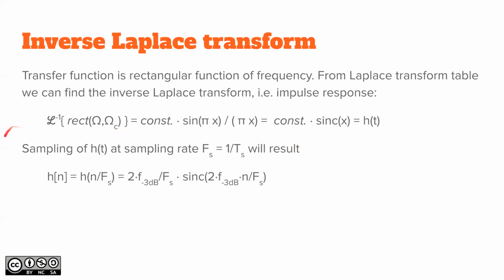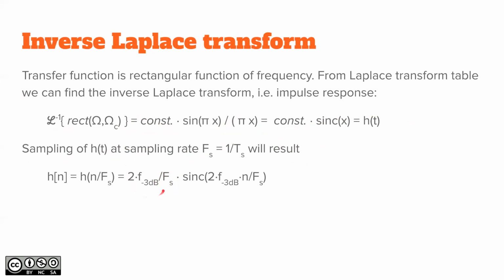But okay, so if we have a sampling rate known, then basically this constant and everything will end up being 2 times the minus 3 dB point divided by the sampling rate.